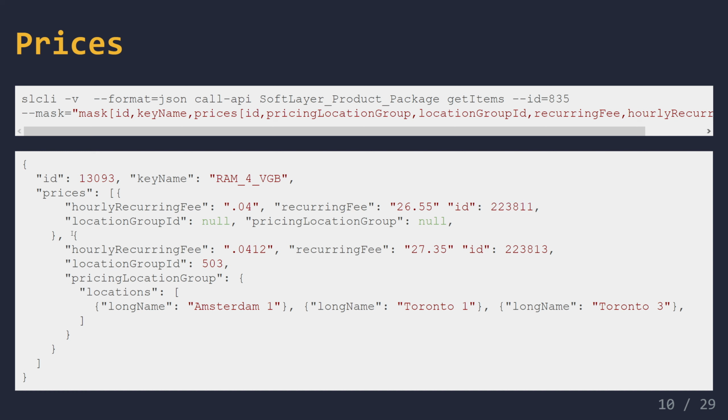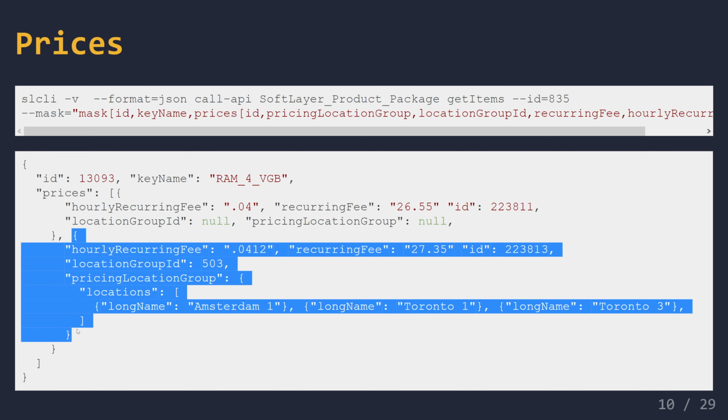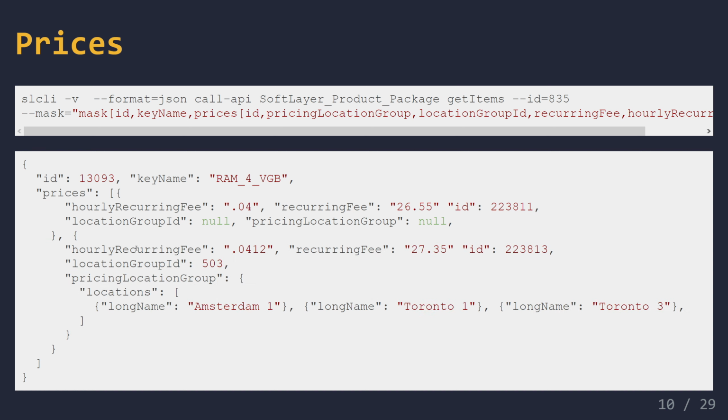It has a second price right here. This is going to be a location-specific price. As we see, the hourly recurring fee is a little higher. It's got a set location group ID, and the pricing location group has these locations in it. So if we were ordering in Amsterdam 1, this is the price ID that we would need to look at to determine how much it would actually cost.